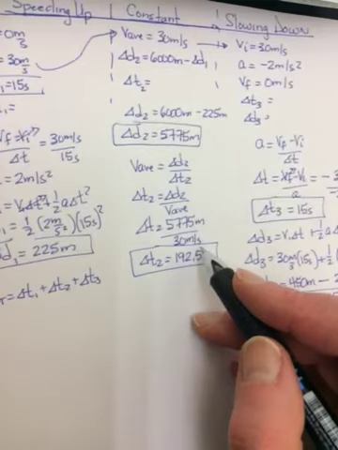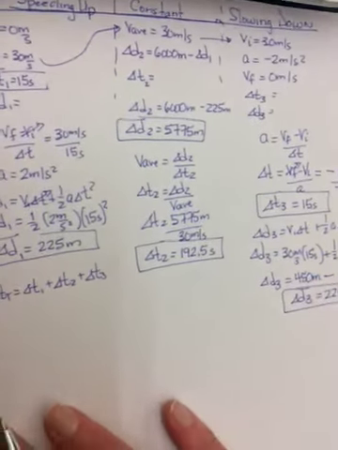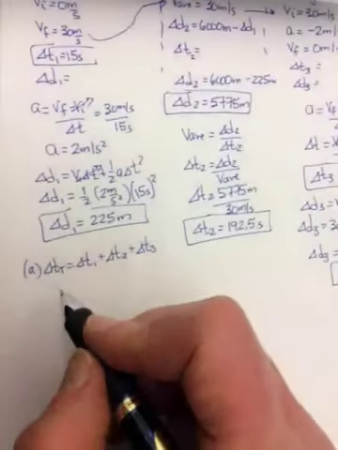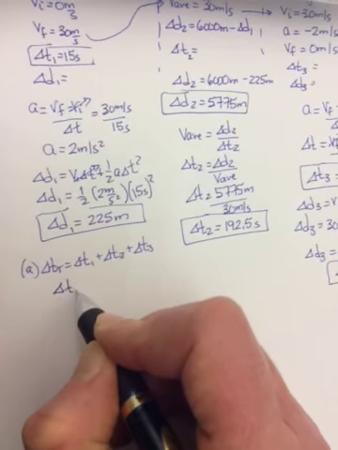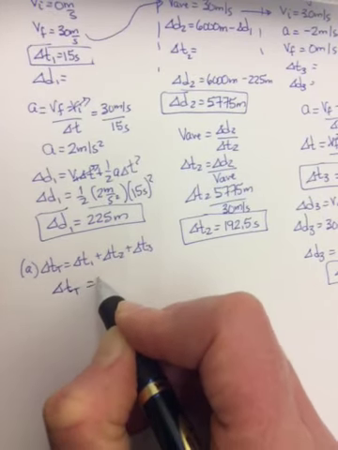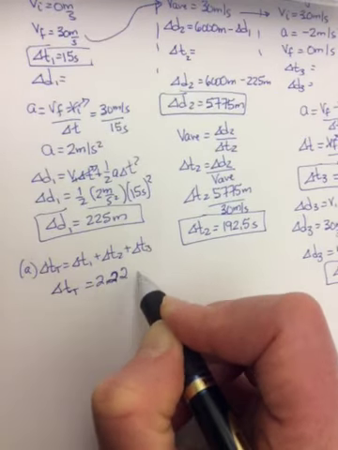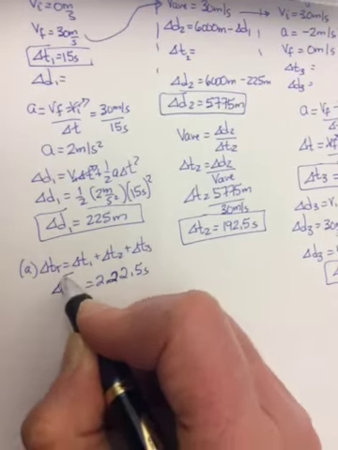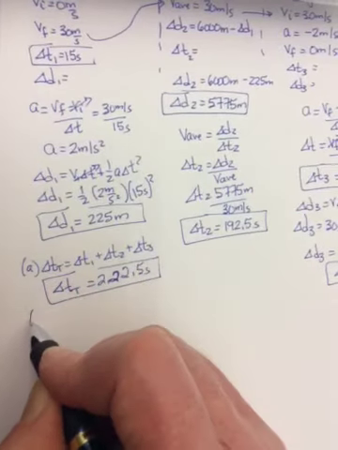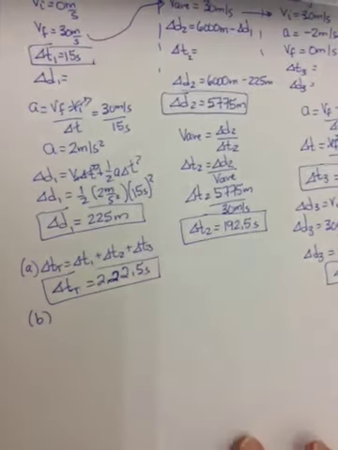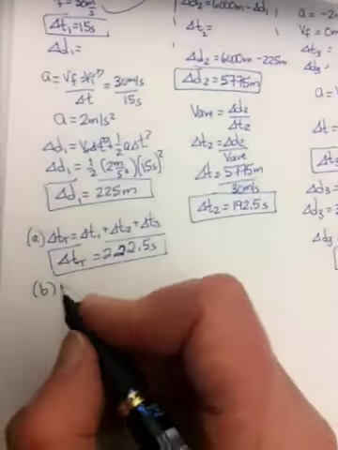So 30 plus 192.5 should be 222.5. So delta T total, oops, that's not a decimal there, 222.5 seconds. Part A.